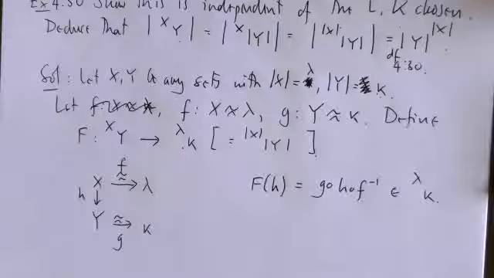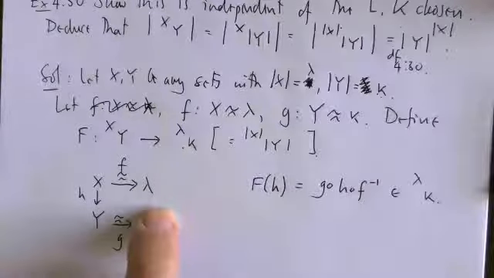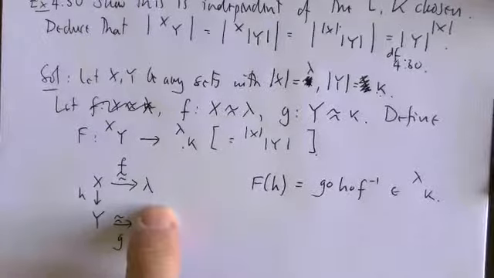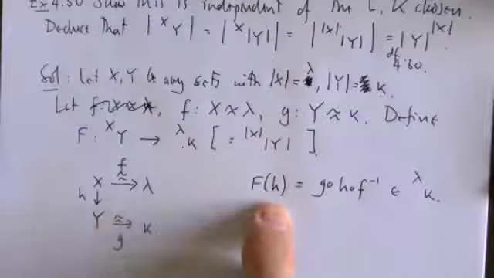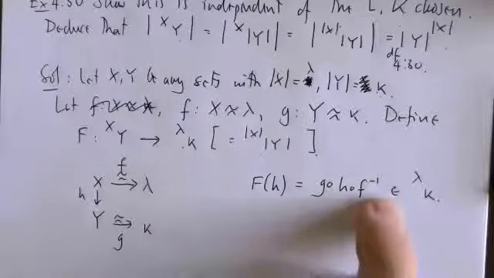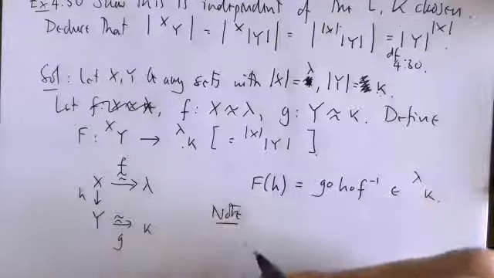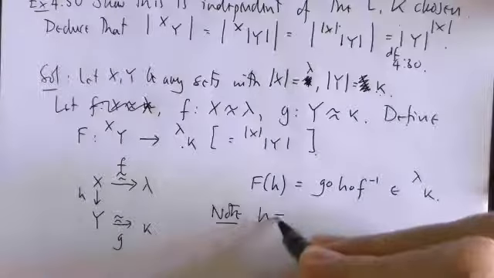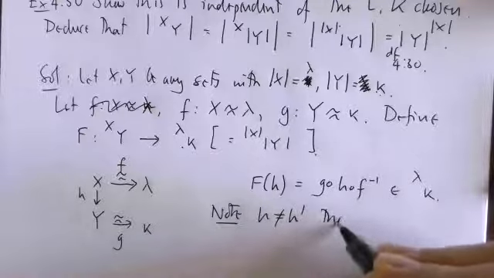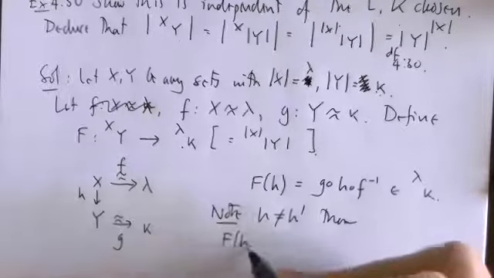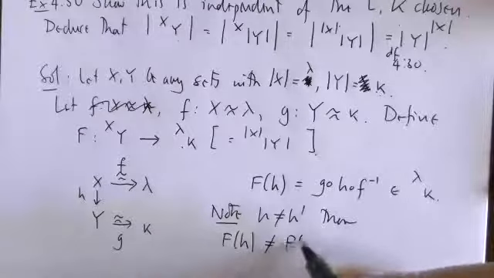Now, you can check that this is actually one-to-one. Basically, if I change this function h to some h prime, I've changed this. You should check, really: if h is different from h prime, then F of h does not equal F of h prime.